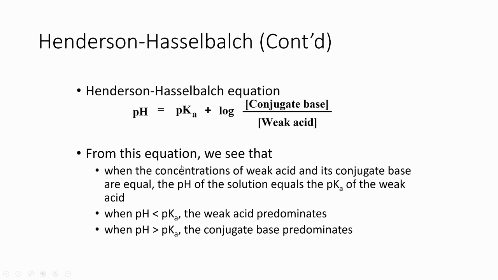If the pH is less than the pKa, you have more HA, so this ratio is less than 1. When the pH is greater than pKa, you have more conjugate base, and it's greater than 1. Okay.